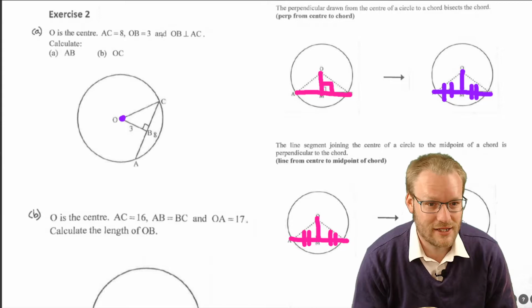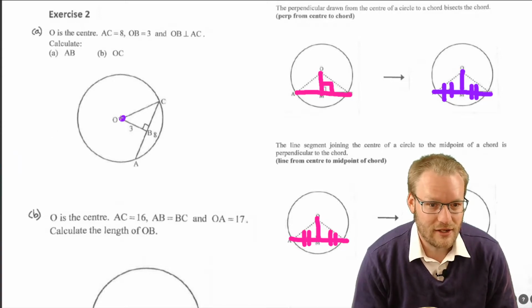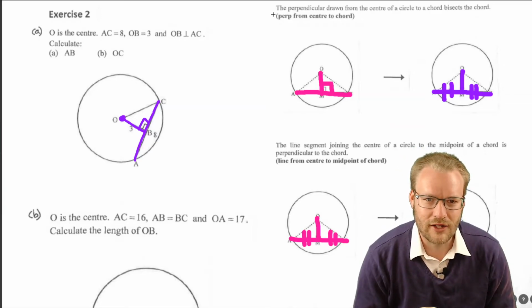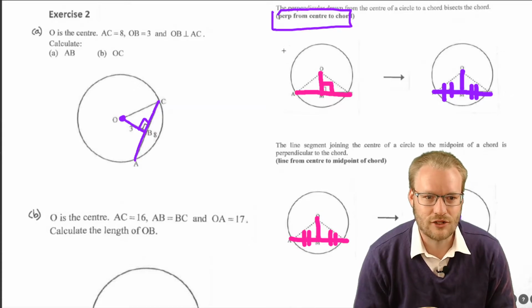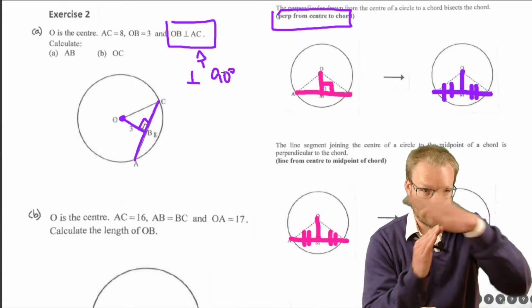Before long you'll be going, okay, I know that, therefore perp from center to chord is what I'm probably going to use. Remember, that sign there means 90 degrees, means perpendicular.